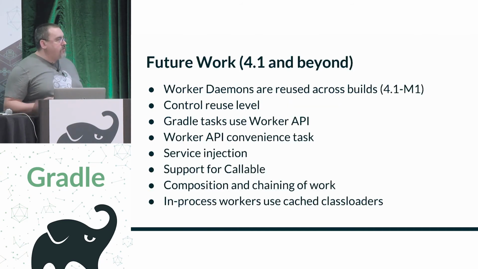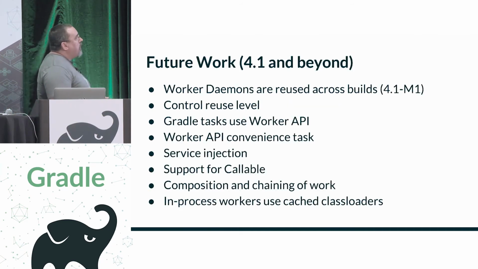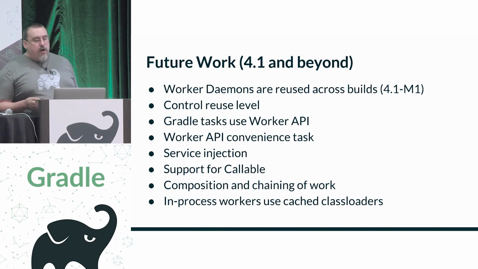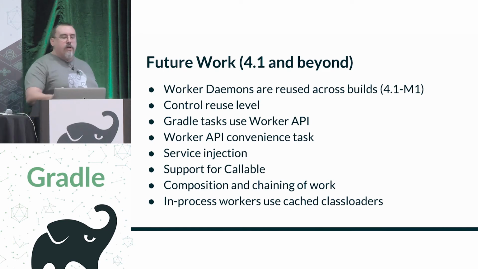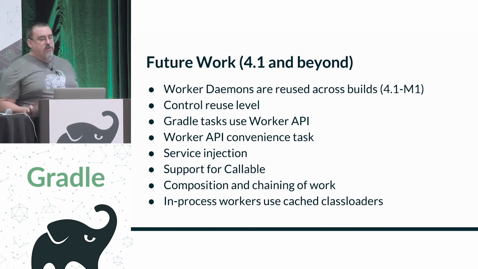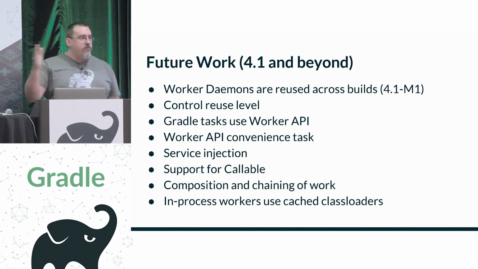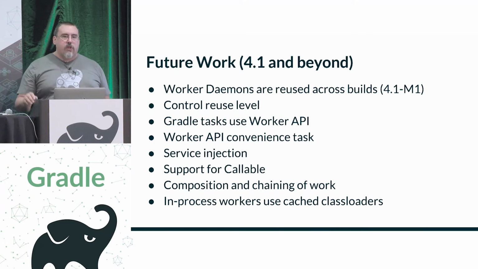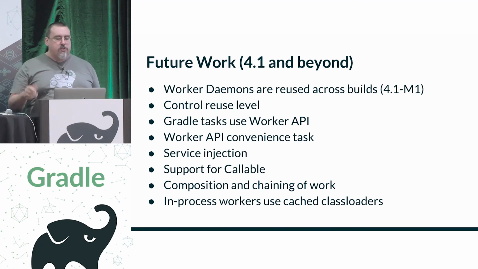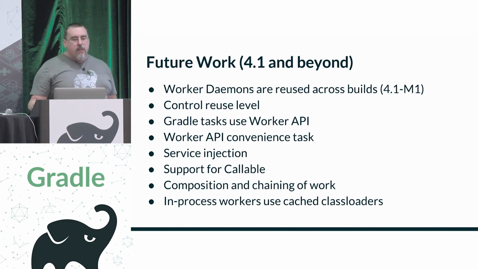So if we talk about 4.1 and beyond, worker daemons are reused across builds. So certainly in 4.1 M1, this is already there. So if you were to use milestone 1 of 4.1, you would have worker daemons that would live with the daemon. So they would live across builds. Every build that you ran, you could potentially reuse a worker from the previous build.